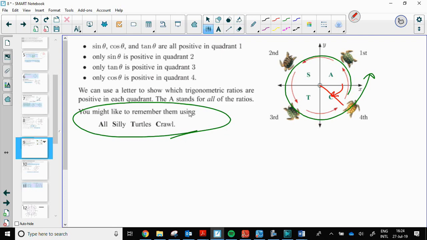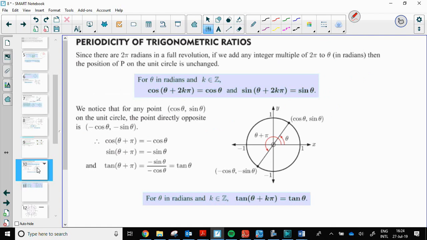And this brings us into the idea of periodicity, right? So sine and cosine values and tangent values, they repeat as we go around the circle. It doesn't matter how many times we go around the unit circle. If we end up in this particular location, whether I rotated just that much or 2 pi radians and then that much extra, I'm in the same exact coordinate, so the cosine and the sine and the tangent values should be exactly the same.